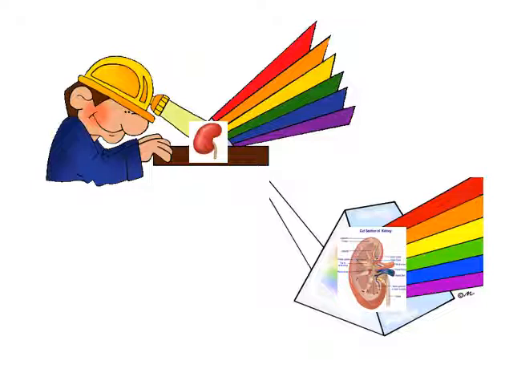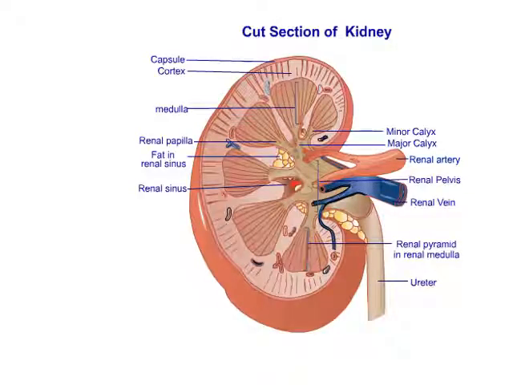And these multiple presentations of the kidney are called renal syndromes. So renal syndromes, which we are talking about now, are the clinical presentations of different diseases of the kidney, because we have different tissues of the kidney.